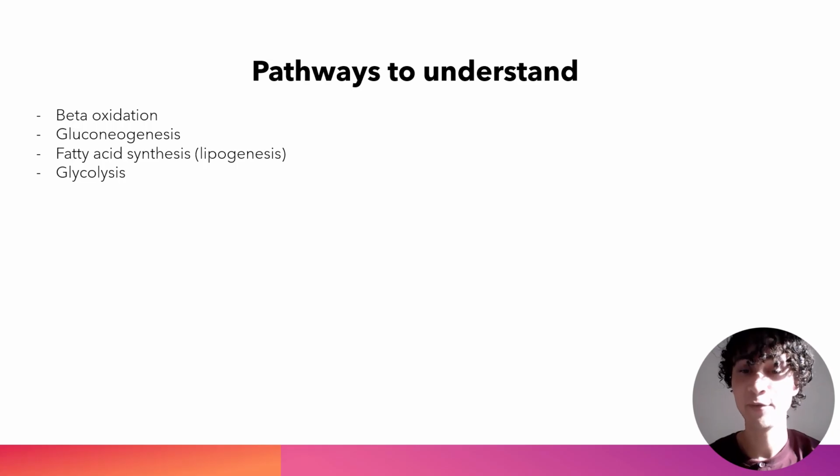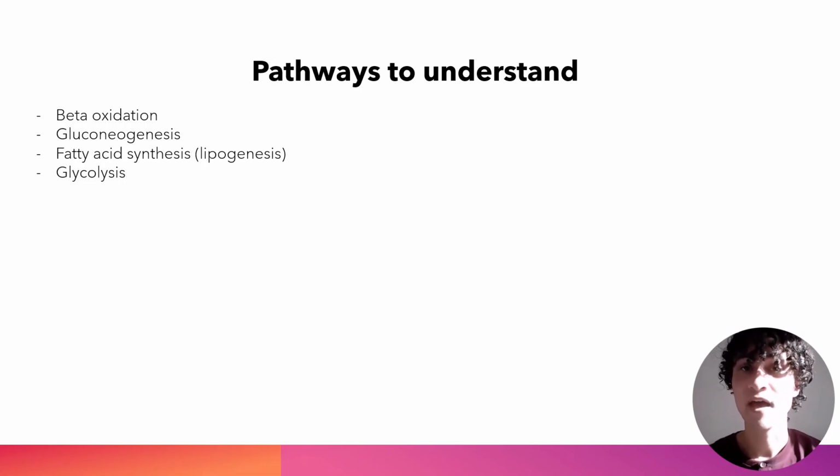Now, the next pathway I'm going to talk about briefly is glycolysis, and we'll go over that in a lot more detail in part 3, sorry. Glycolysis is the breakdown of your glucose 6-phosphate into pyruvate, and you get a net gain of 2 ATP molecules.